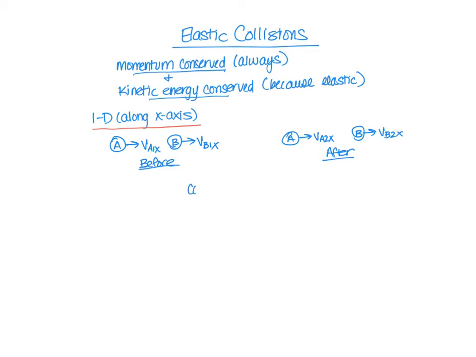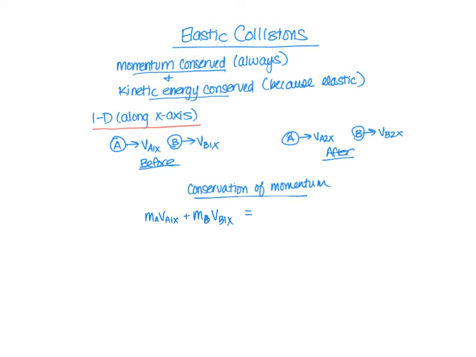Now, if we applied the conservation of momentum to this situation, we would look at the initial momentum of A, which would be mA vA1x. So vA1x is the initial velocity for object A. We'd have mB times vB1x.